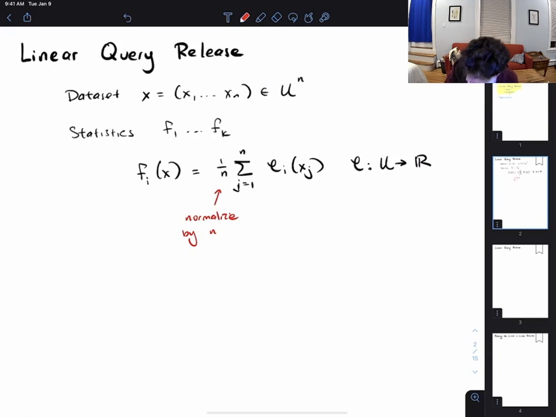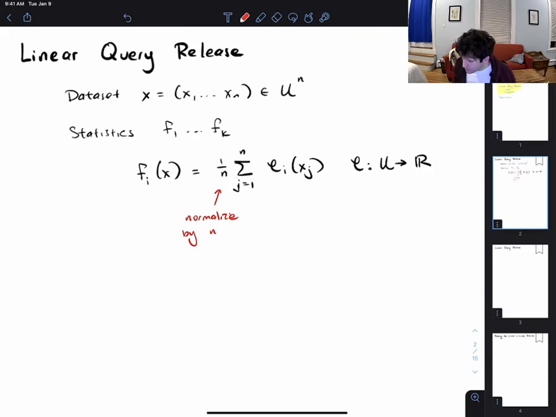We'll see in later lectures exactly why it's useful to do this, but all that's important to remember is that now we're not going to compute the sum of the function over the records of the data set. We're going to compute the average. So instead of asking how many people are left-handed residents of Massachusetts, we're going to ask what fraction of all the people in the data set are left-handed residents of Massachusetts, but I can go between the two. Hopefully it'll be clear why we want to do this.